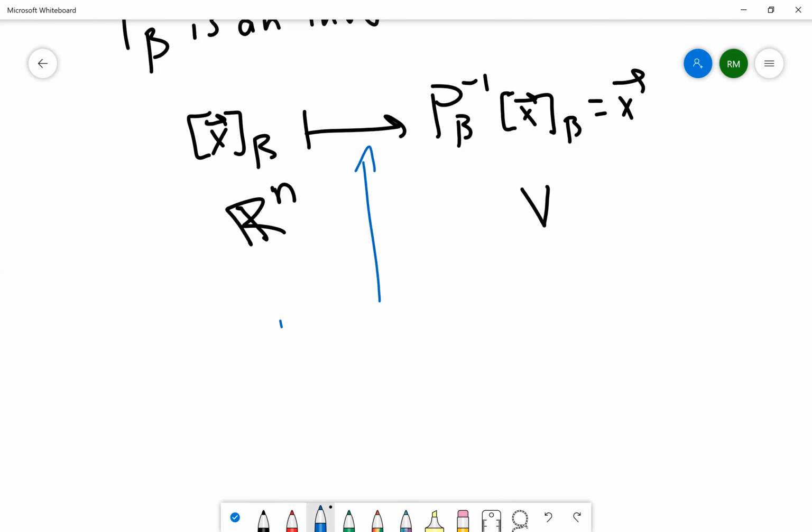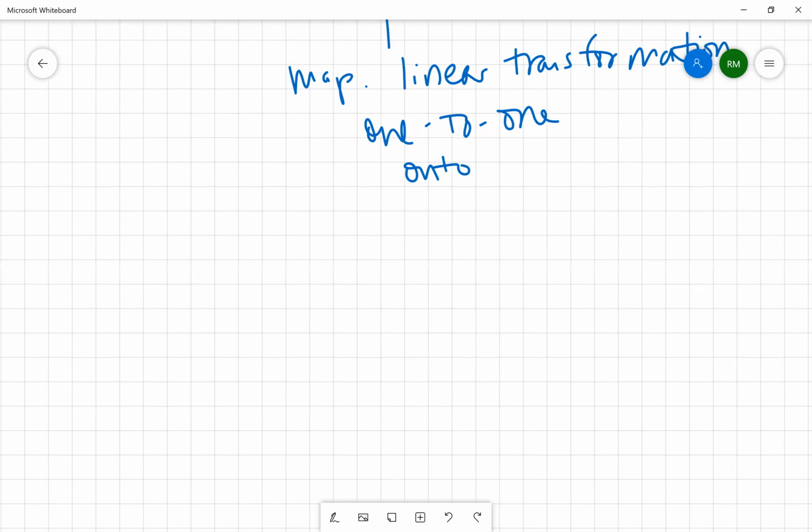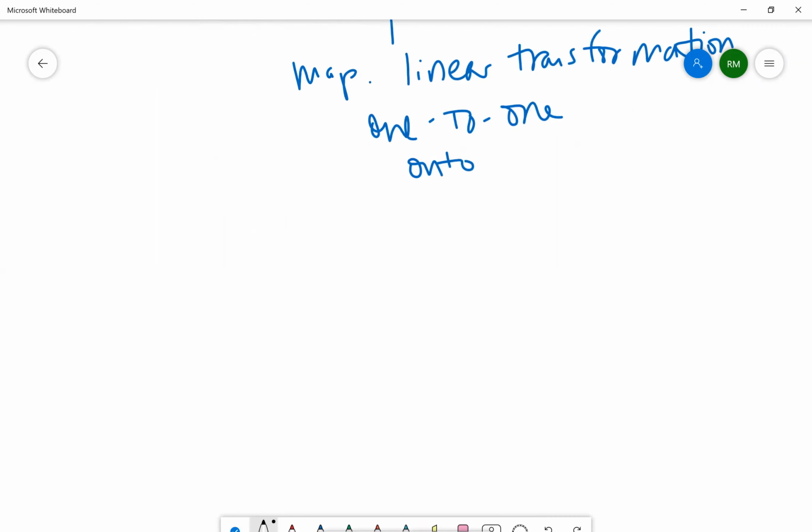So this is a map. It's actually a linear transformation. Furthermore, we know that it's 1-to-1 and it's onto. And a linear transformation that's 1-to-1 and onto, we call an isomorphism.